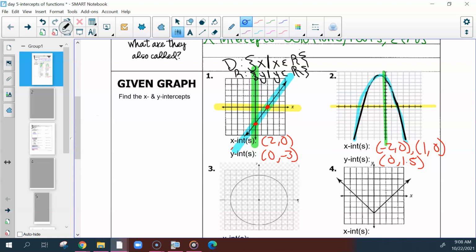For number 2, what would the domain of this one be? Yeah. Assume that this keeps going. It doesn't have arrows, but assume that it does. Oh, it does have arrows.